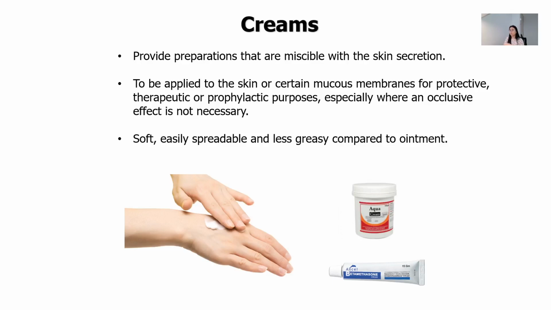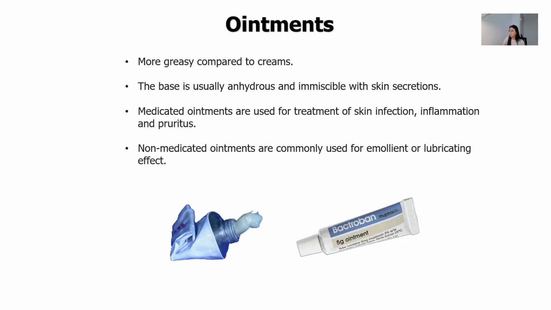So an occlusive effect means it is not easily eliminated from the skin. Creams are usually soft, easily spreadable and less greasy compared to ointments. Ointments are greasier because their oily content is higher.